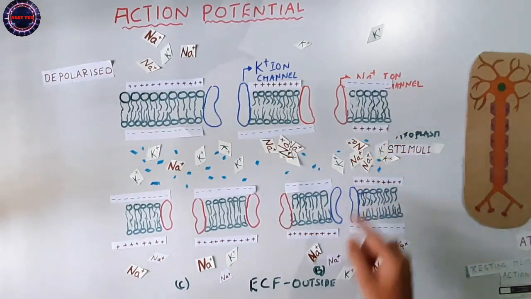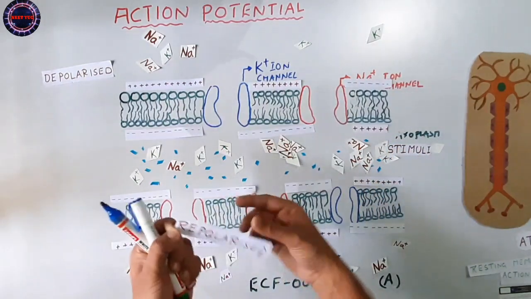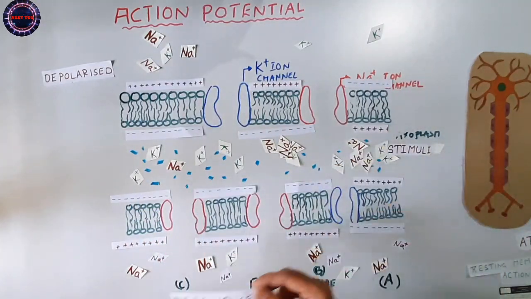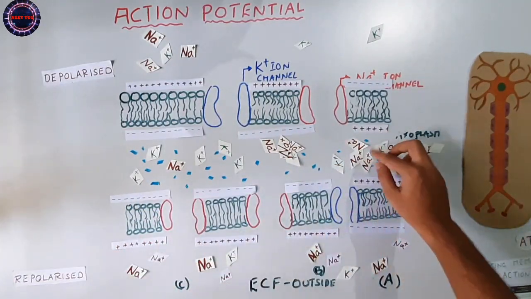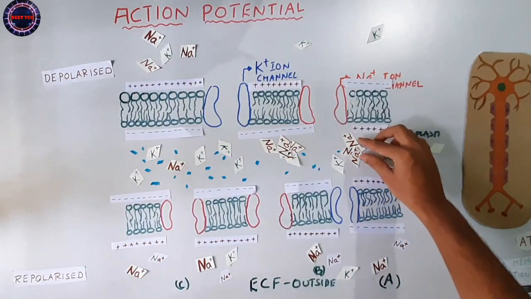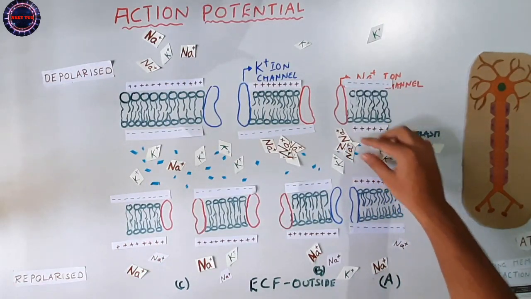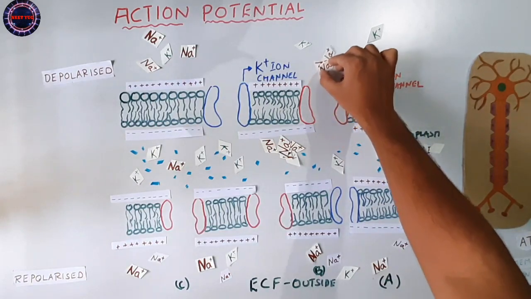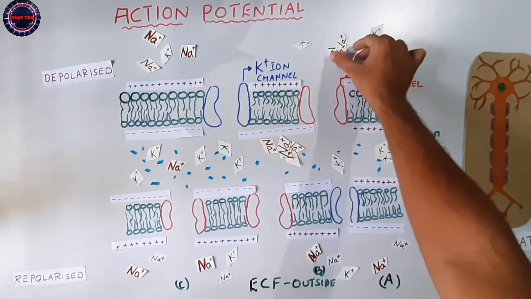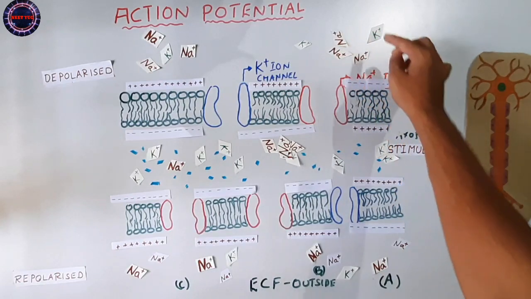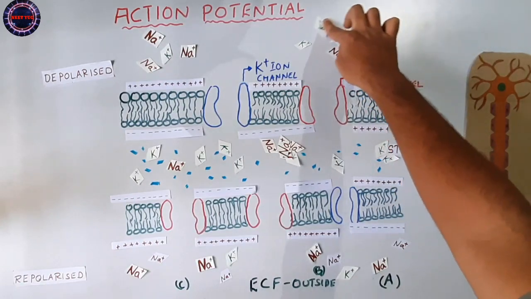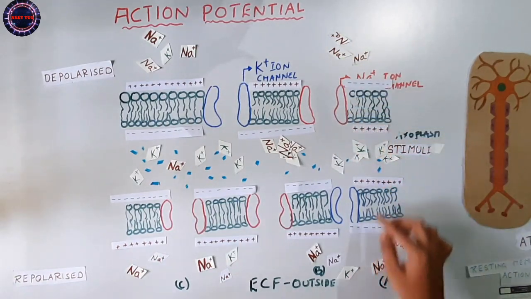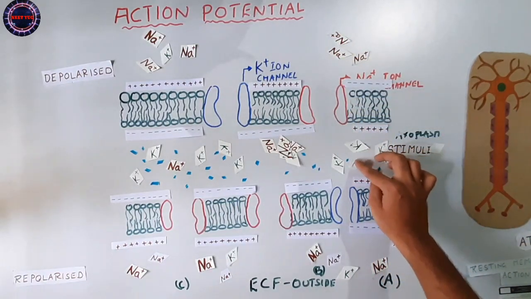The mechanism is called repolarization. Got it? So repolarization is taking place at site A. During repolarization, 3 sodium ions inside the exoplasm get transported outside to the ECF, and 2 potassium ions get inside the exoplasm to balance the charge.